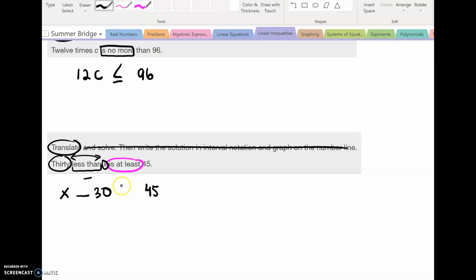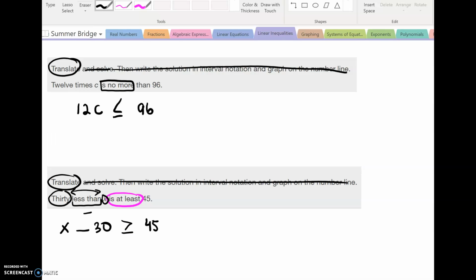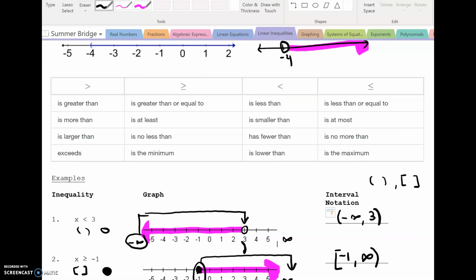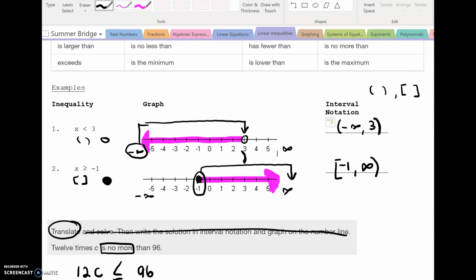So I'm going to take a leap of faith and use that symbol. If we go back here, is at least is located right here, which means that is the symbol that we have to use, which is the correct symbol that I used.